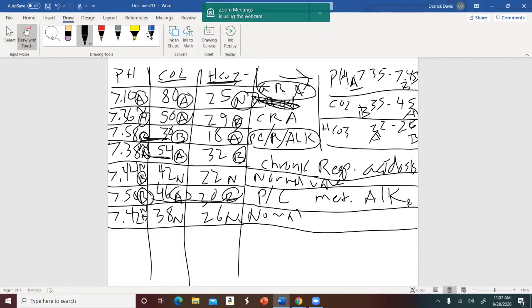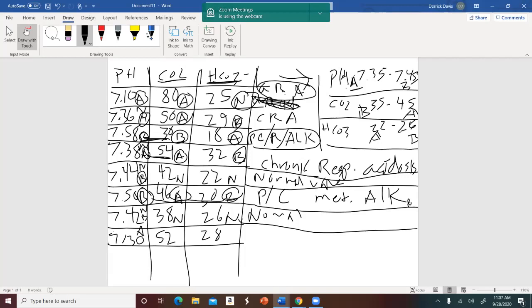All right, let's do another one. 7.30. You can always pause this after I write the gas, solve it yourself, and then check yourself. 7.30. Let's do a CO2 of 52. And a bicarb of 28. 7.30 is acidic.